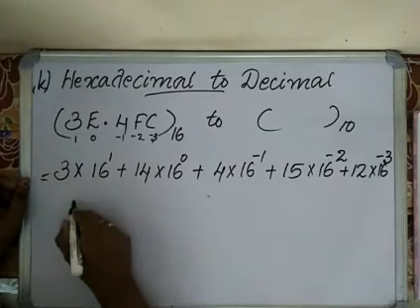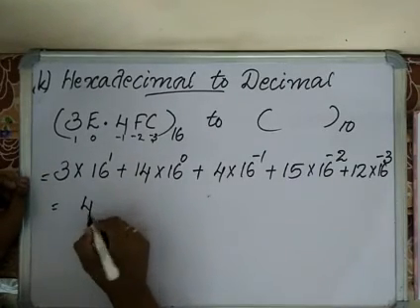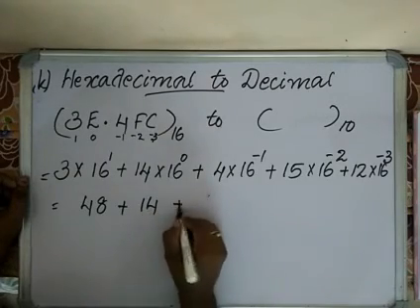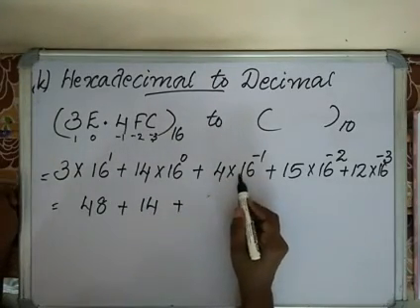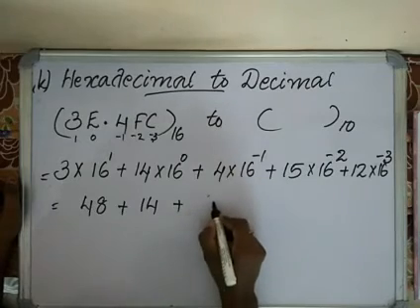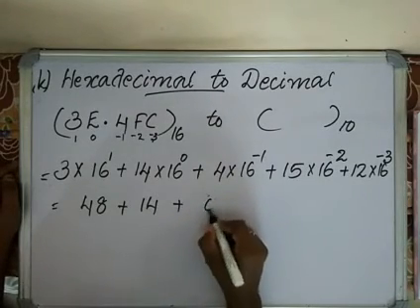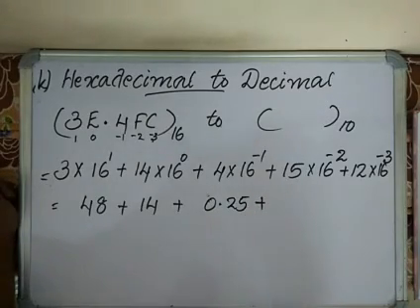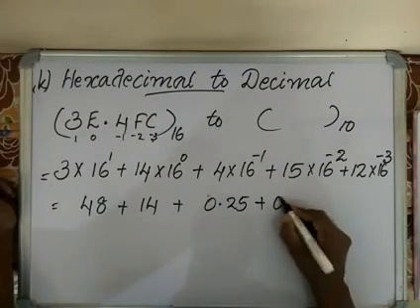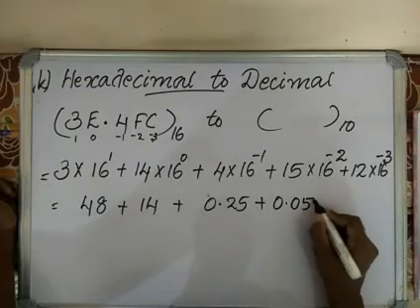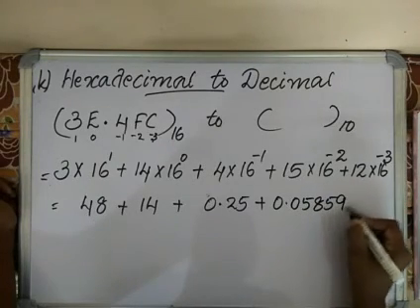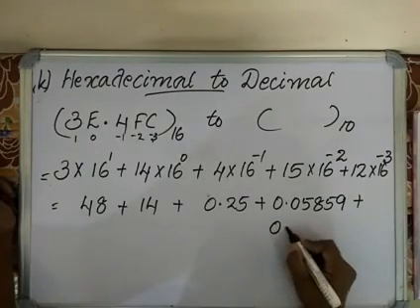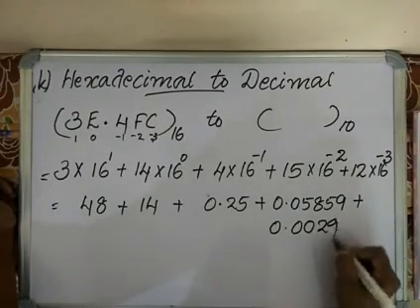Okay, so we will get it as 3 into 16, 48 plus 14 plus 4 into 1 by 16, which is equivalent to 1 by 4. So 0.25 plus this is 15 by 256, 0.05859 plus 12 into 16 raised to -3 is 0.0029.